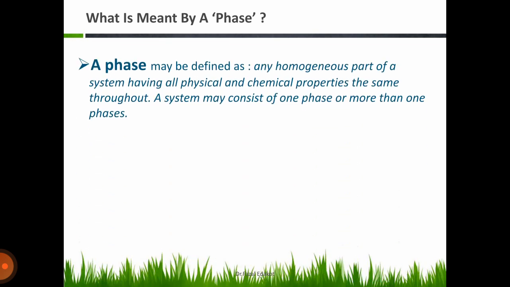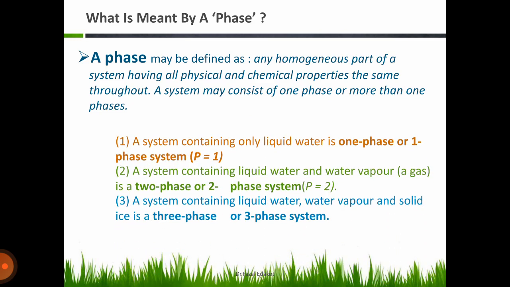We have just discussed what we have seen in our daily life. A phase may be defined as any homogeneous part of a system having all the physical and chemical properties the same throughout. A system may consist of one phase or more than one phase. It's what you already know, but you need to define it. That's the difficulty.